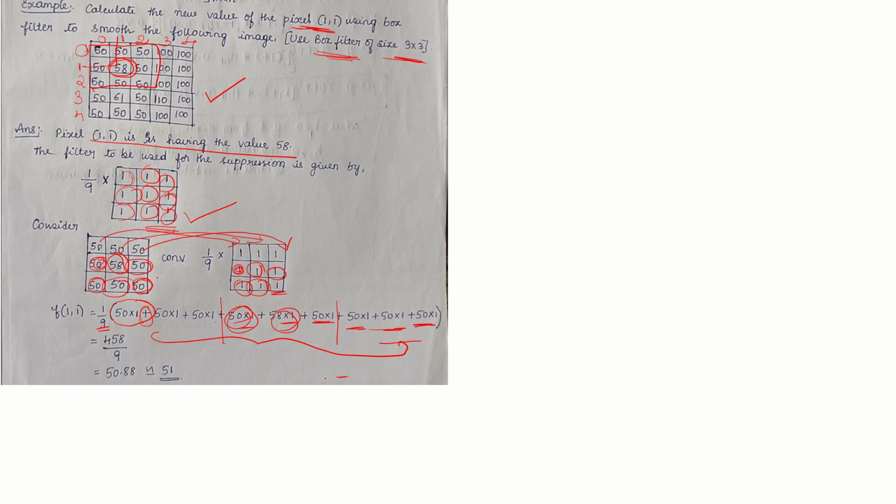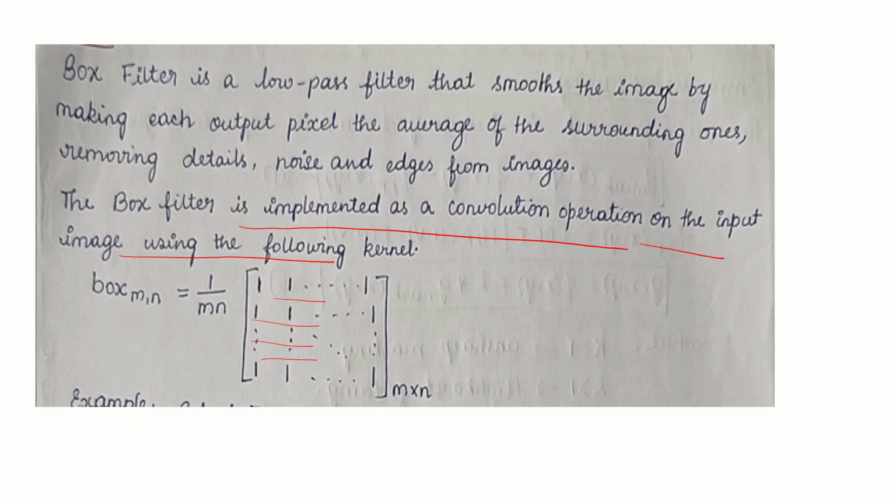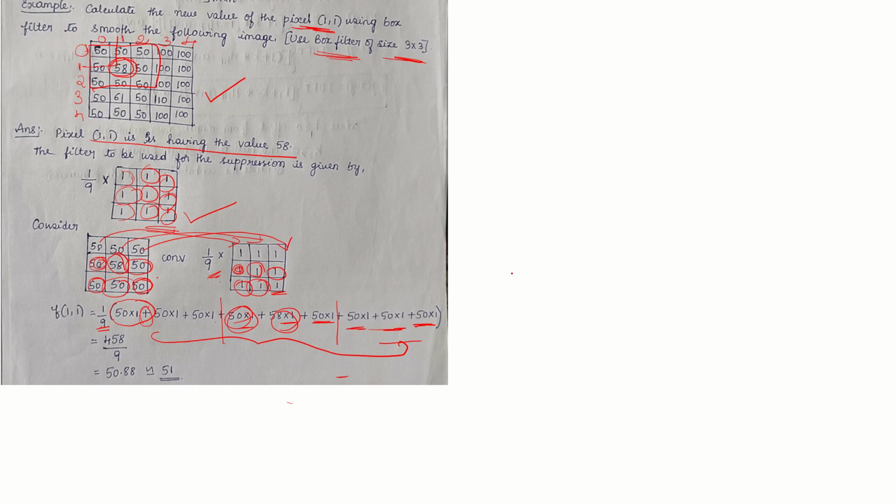And if you simplify this entire thing and multiply that with 1 by 9, you know how we got that, isn't it? The filter size we are considering is given here as m cross n, in the denominator. Here the filter is 1 1 1 1 1 1 1 1 1.